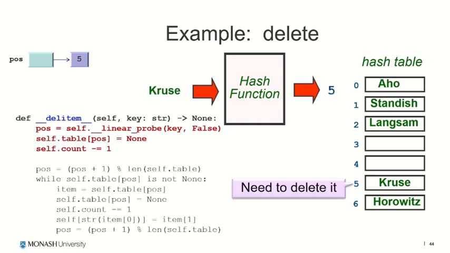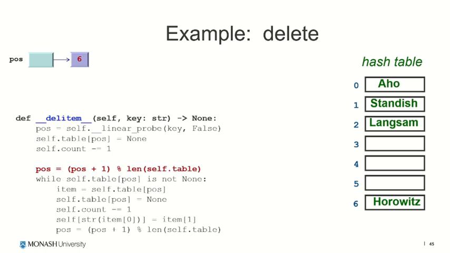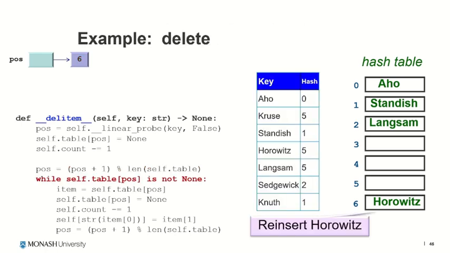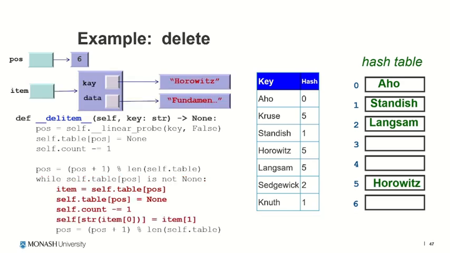So in this example again, we're going to delete the item, and now we need to get all the next items that we've got in the cluster and reinsert them into the hash table. So firstly, reinsert Horowitz. We need to get the item so that we can assign that to a temporary variable, which is going to be item.